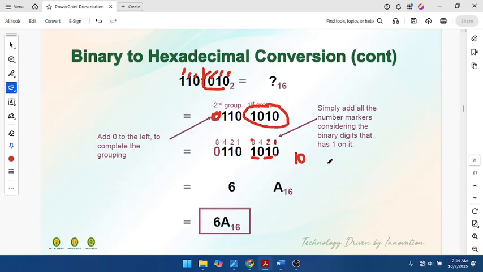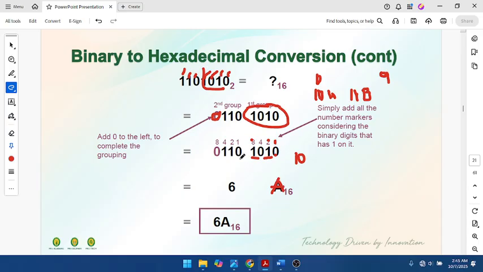Since we convert it into hexadecimal, 0 to 9 represent numbers, and 10 to 15 are letters, no? For example, 10 is A, 11 is B. Since we have here the total of 10, you have to put A.